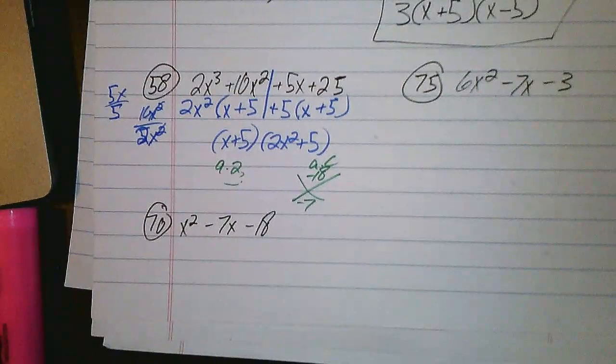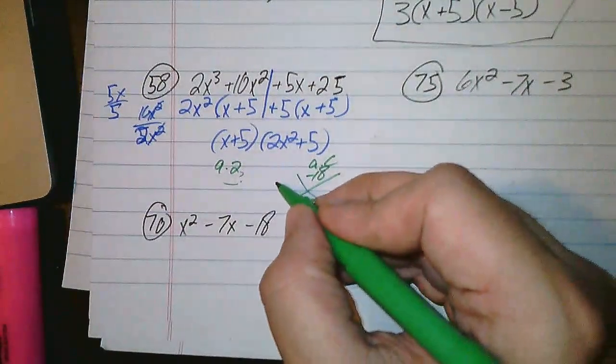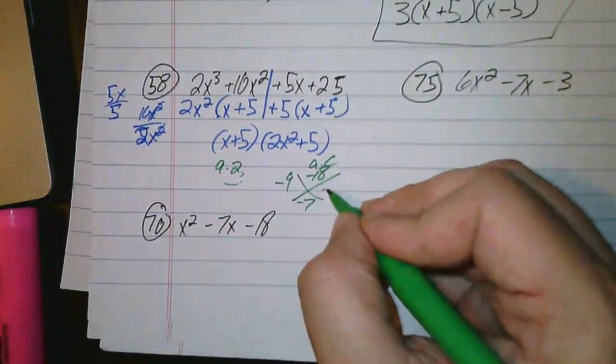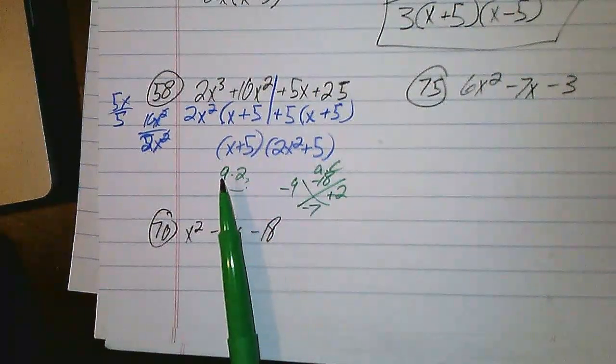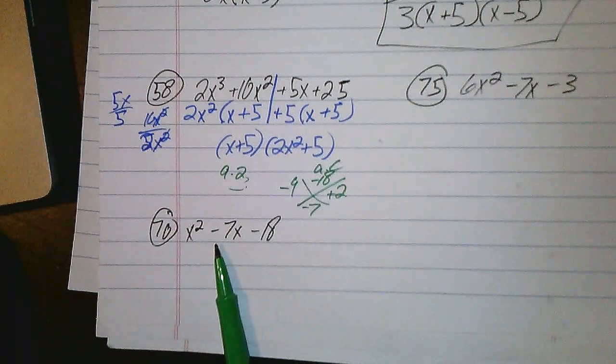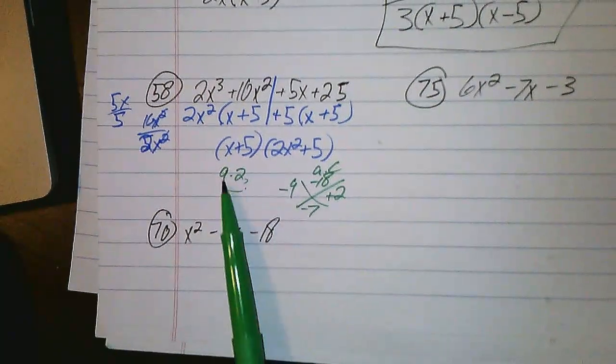So I know that I'm going to have a negative 9 and a positive 2, because the sign of the middle term gets attached to the bigger factor.